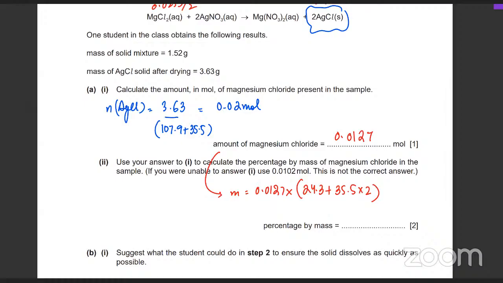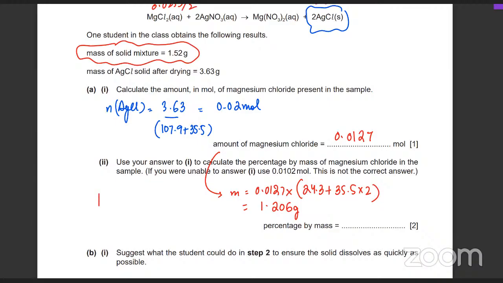1.206. Okay, so you're getting 1.206 grams, and the total mass of the solid mixture was 1.52 grams. We had to figure out the percentage mass of MgCl2.